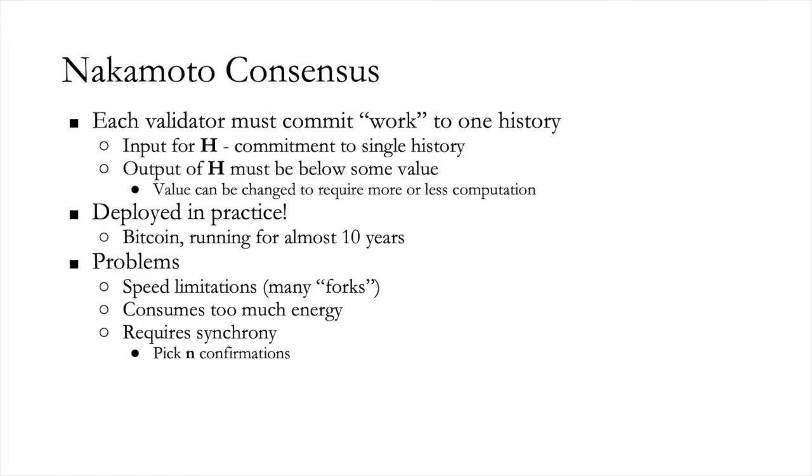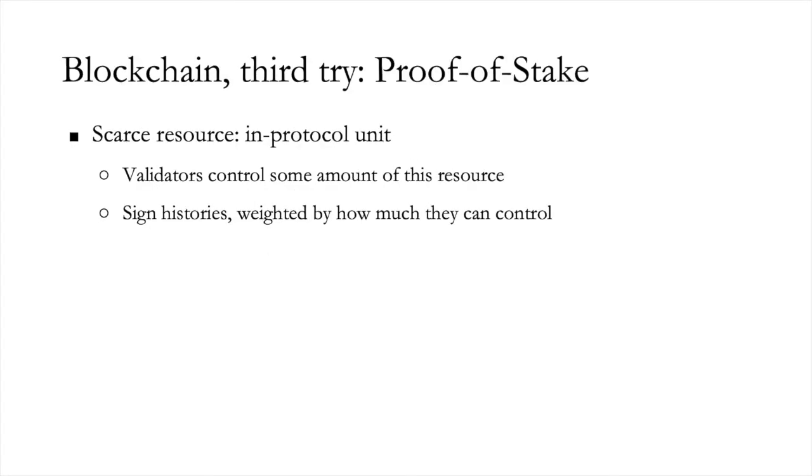Third try, consensus-wise, proof of stake. Proof of stake utilizes a different scarce resource than either proof of authority or proof of work. Instead, it exploits the fact that we have both a consensus algorithm and a state machine, and it ties some in-protocol unit, which necessarily needs to be a unit of value, in the state machine to the voting power in consensus.